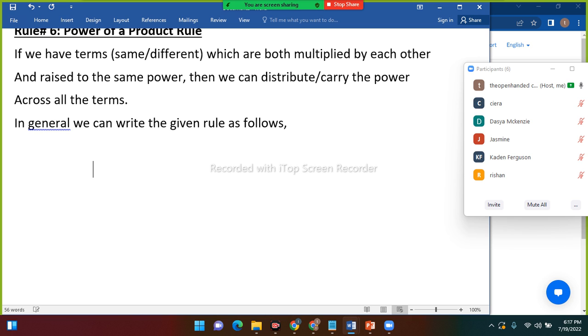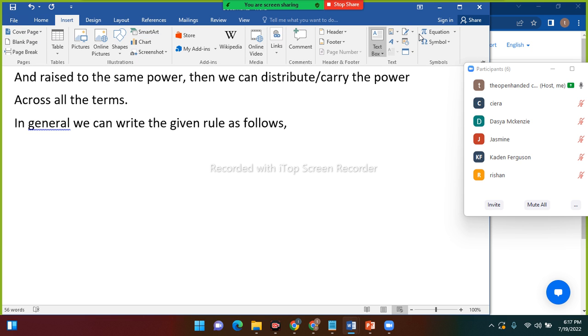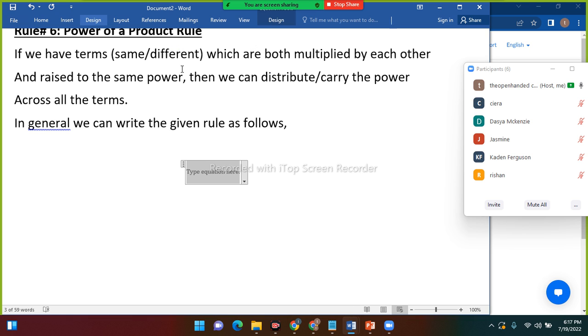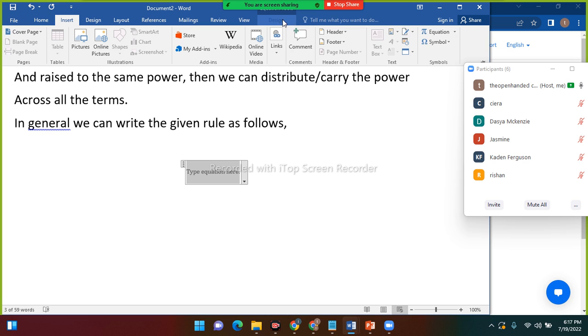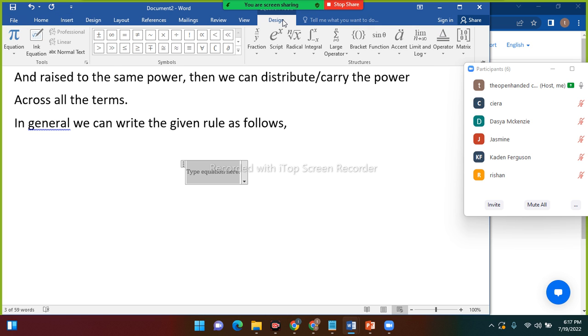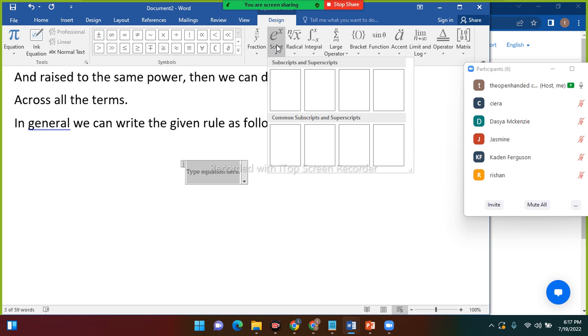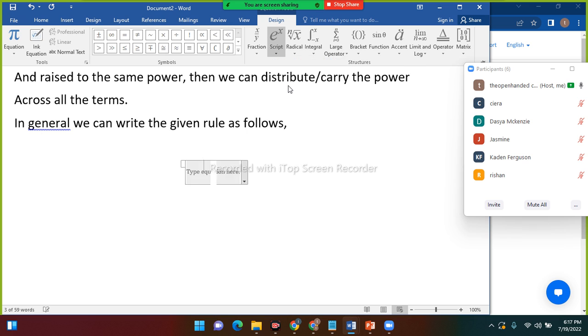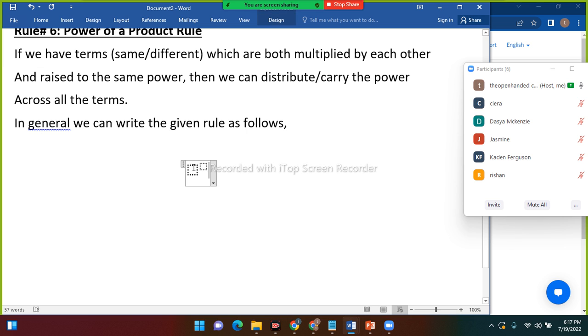Once you see it, hopefully it makes sense to you. So the idea is that we can take an exponent and a bracket.